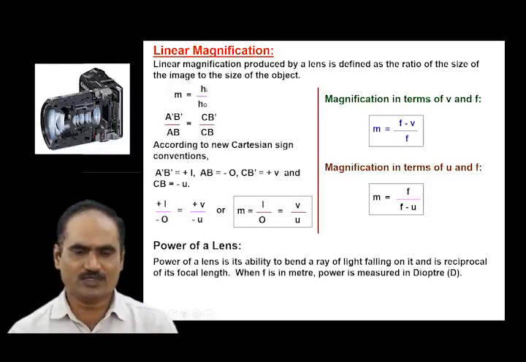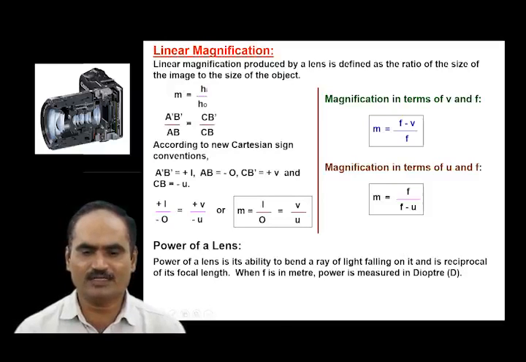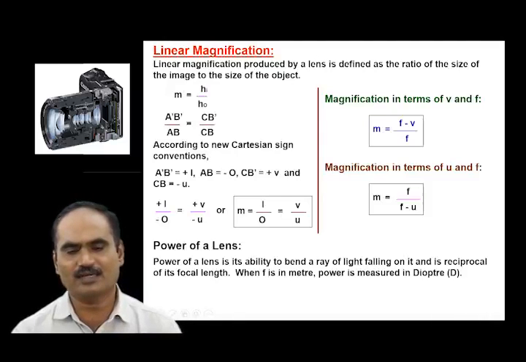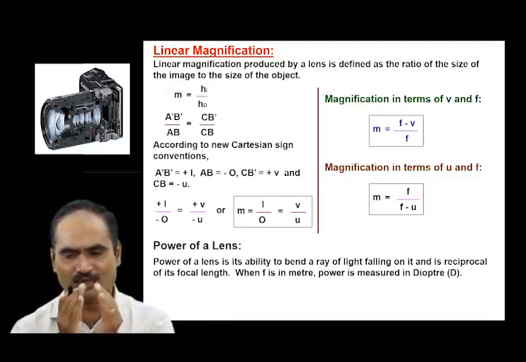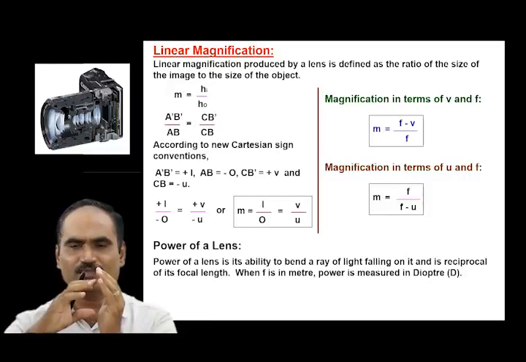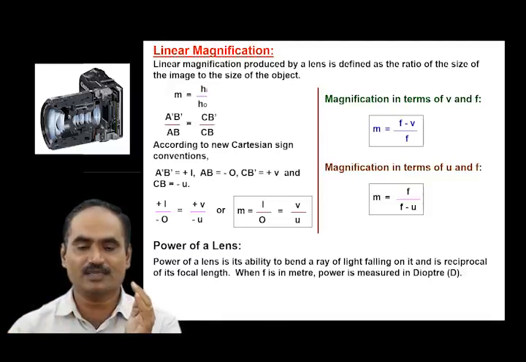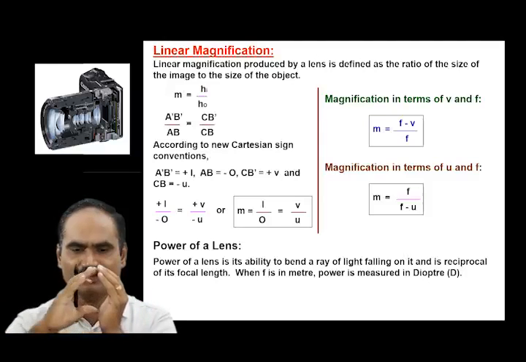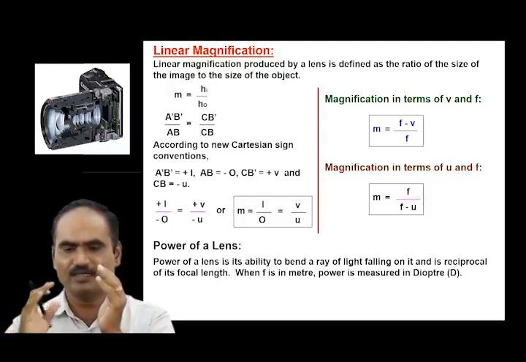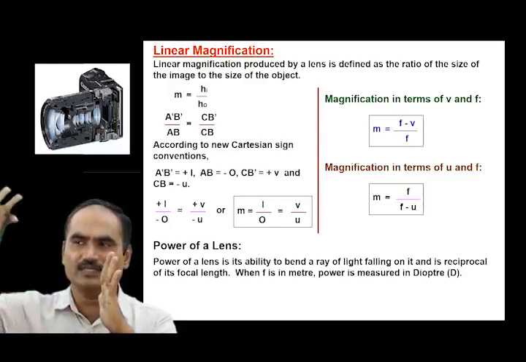Then let us pass on to another concept, that is power of a lens. Power of a lens is the ability of a lens to converge or diverge light rays. In the case of a convex lens, the light rays will be converged, whereas in the case of a concave lens, the light rays will be diverged.